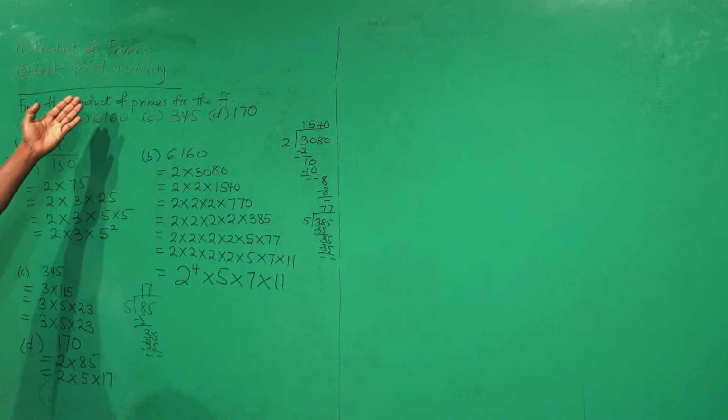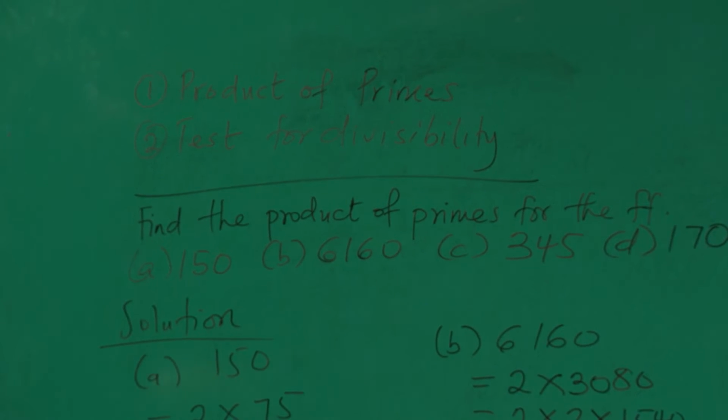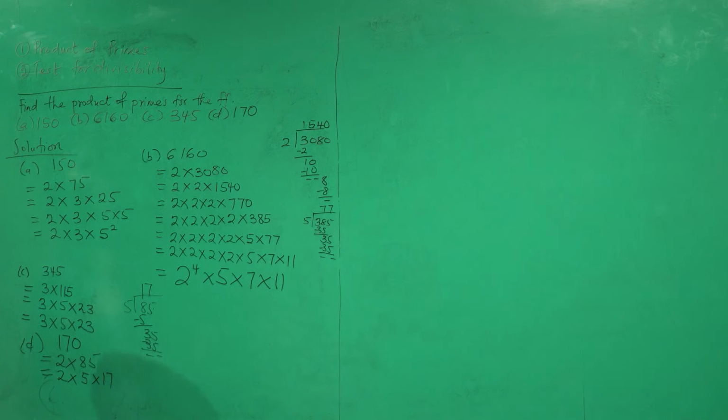Now, with the test of divisibility, we are going to give you some rules which, when you keep them in your brain, you could get the answers easily without going through the long division. But when you are confused, you can use the long division to prove whether your answer is correct. So we are going to take the first 5 rules. There are 10 rules, but with today's lesson, we are going to take the first 5 rules. That is test for divisibility.